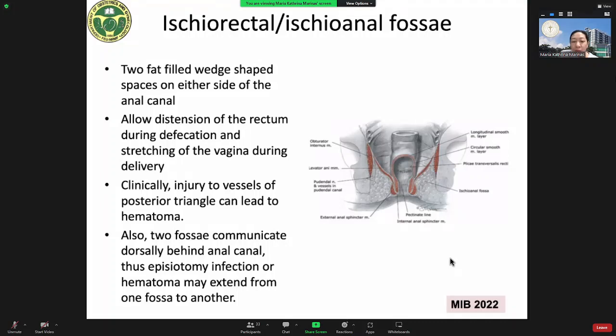These provide support to the surrounding organs, yet they allow rectal distension during defecation and vaginal stretching during delivery. Injury to the vessels in the posterior triangle can lead to hematoma formation, and this is also a potential for large accumulation of hematoma.